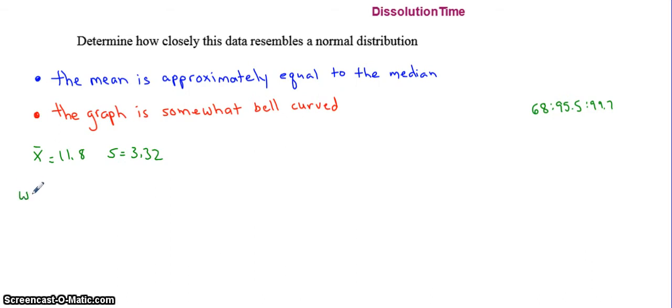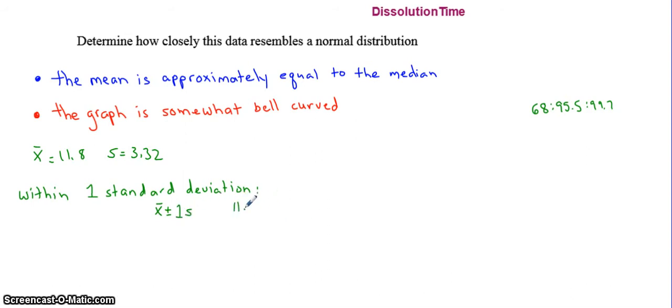So within one standard deviation, what we do is we take the mean and we add and we subtract one standard deviation to get the interval.